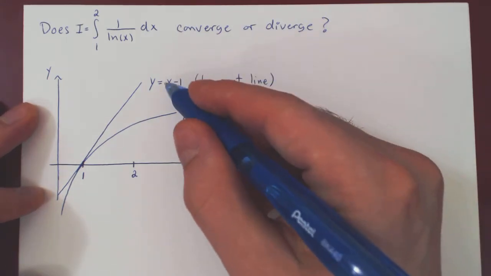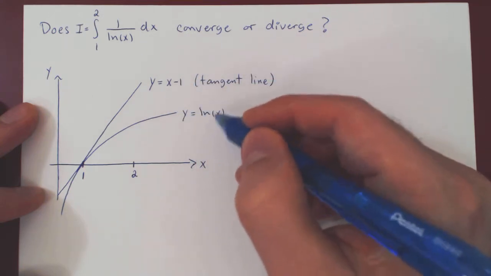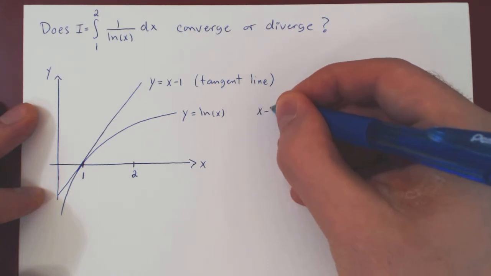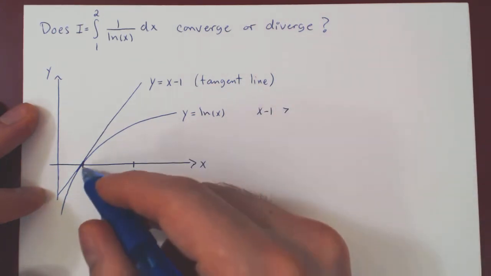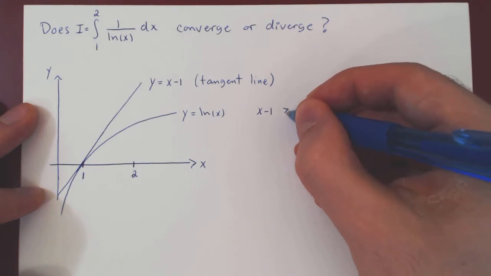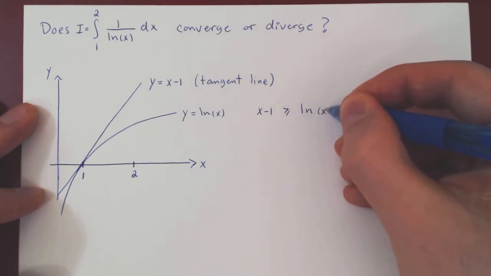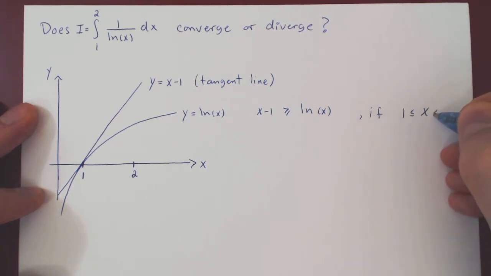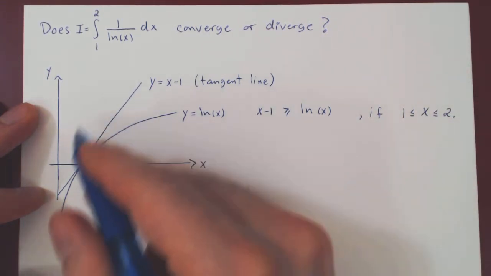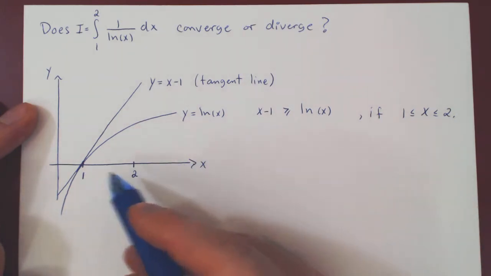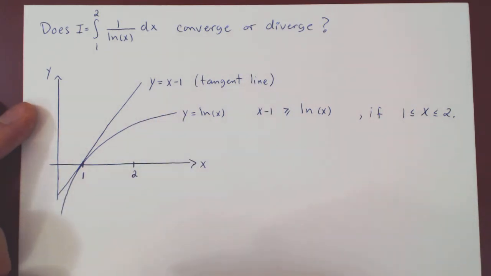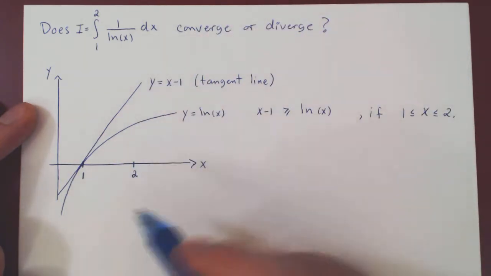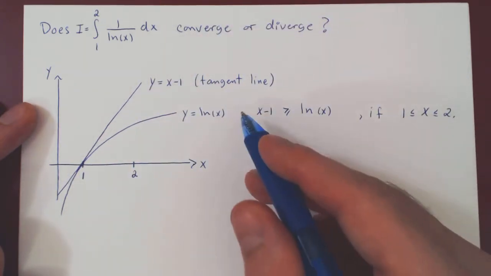And so x minus 1 is bigger than ln of x, equal to at 1, as long as x is between 1 and 2. And again, we're only interested in this range, so we don't care anywhere else. Actually, it's true everywhere else, but we don't care about this, specifically for us between 1 and 2.